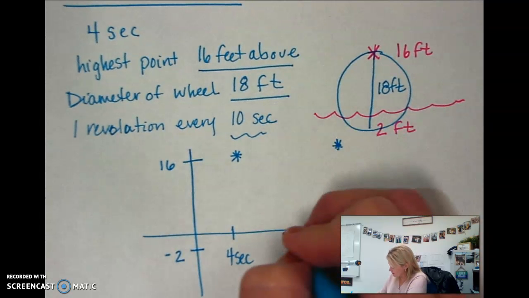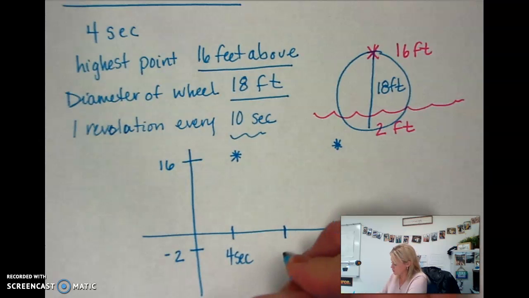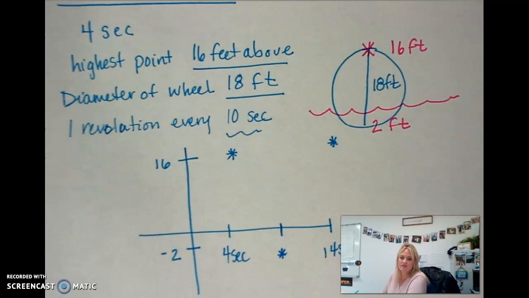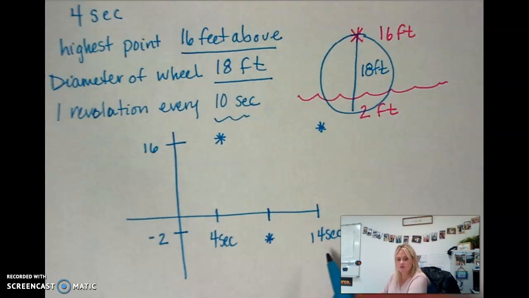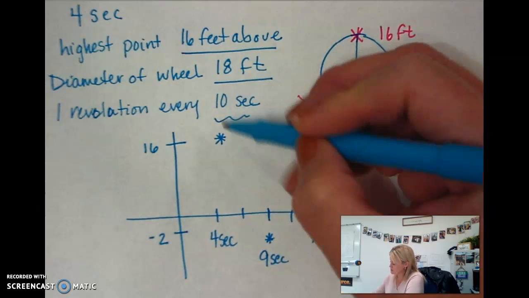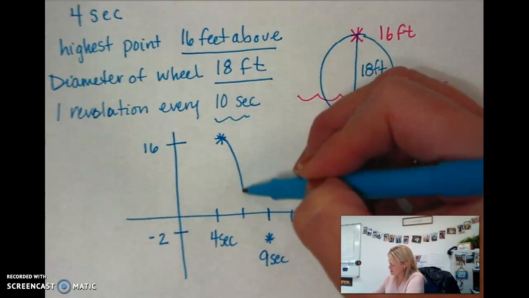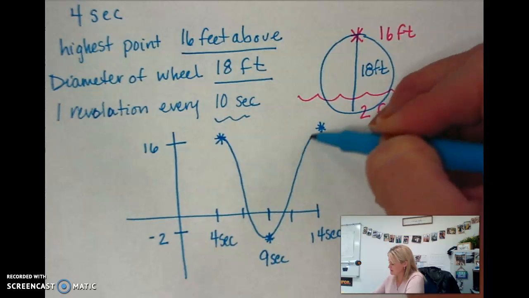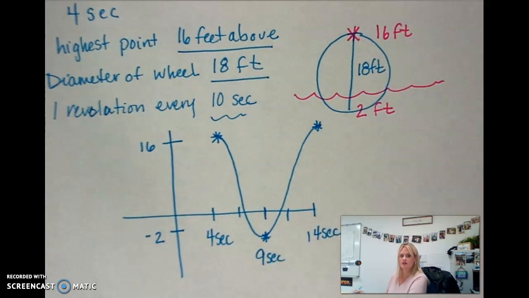So halfway in between was our low point. Well, what's halfway between 4 seconds and 14 seconds? That's 10 seconds apart, halfway is 5 seconds, and this happens at 9 seconds. So I'm at my highest point, my lowest point, and back to my highest point again.